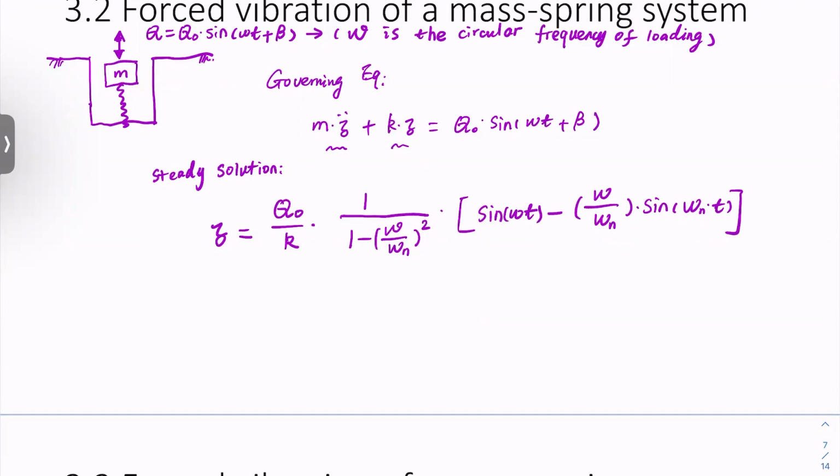The reason why I'm breaking this down looking like this has a couple of reasons. The first one is, remember Q naught is the amplitude of the external force. Q naught over K, we call this the static deflection.